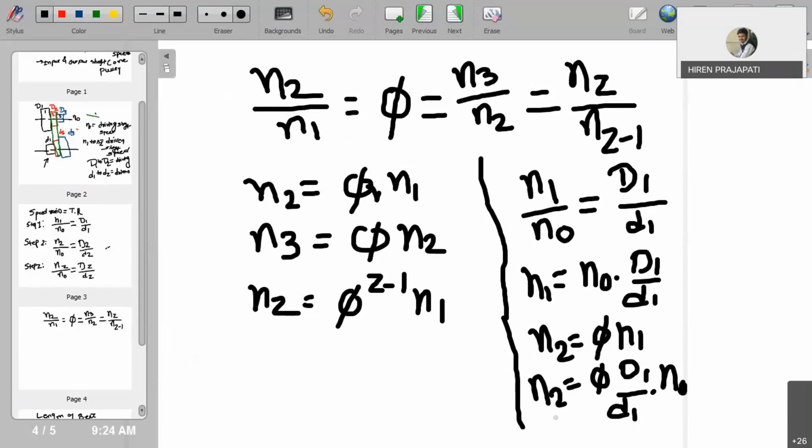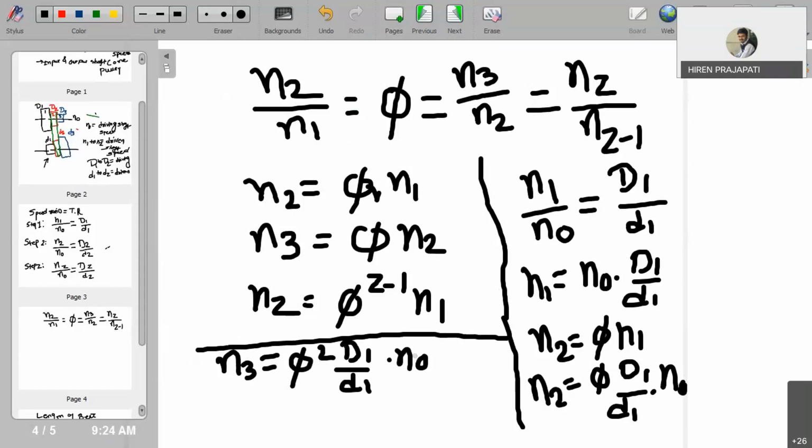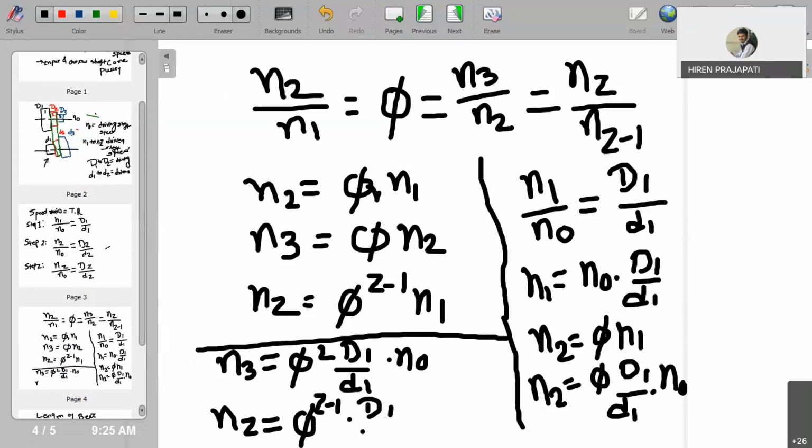Likewise, if you find the same for the next RPM, n3, then n3 will be phi square into D1 by small d1 into n0, right? Similarly, if I want to write for nz, the last speed, then n3 is equal to phi raised to 2, so nz will be phi raised to z minus 1 into the input pulley diameter ratio into n0.